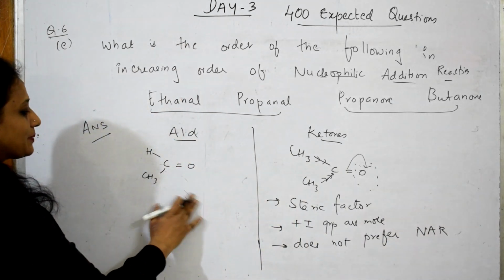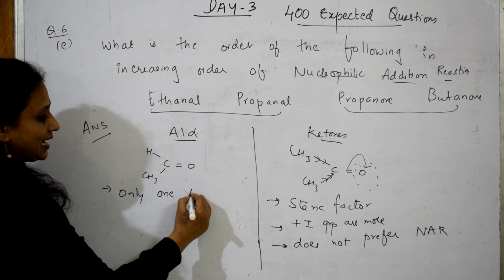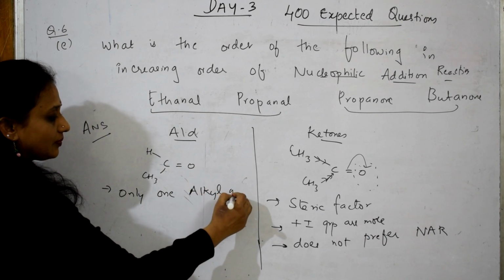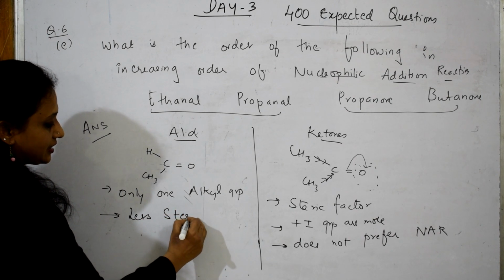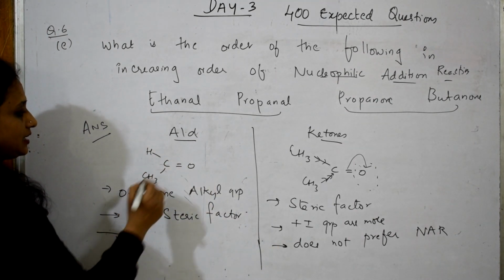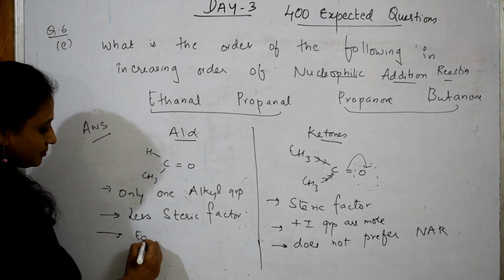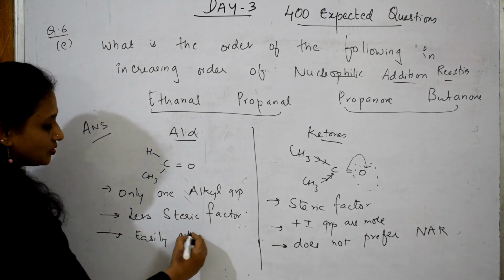Now, in this case, what happens, students? Only one alkyl group. Okay. Less steric factor. Then easily attracts, because hydrogen atom is smaller, no?